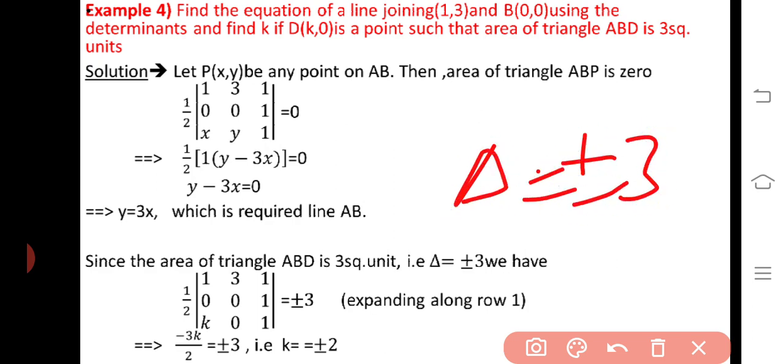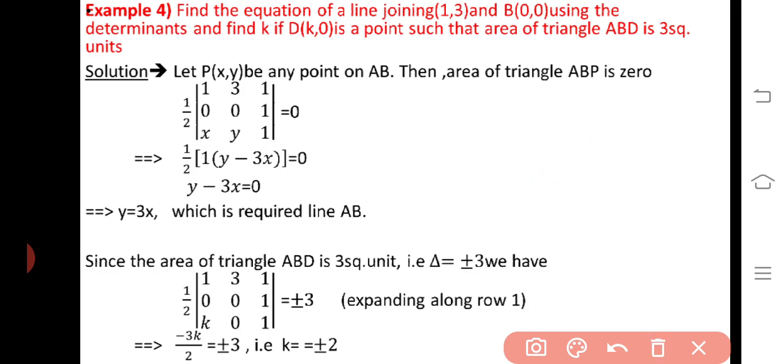Then 1 by 2 as it is, determinant 1, 3, 1, 0, 0, 1, and the third point they have given here, D of k, 0, that is k, 0, 1 is equal to plus or minus 3.